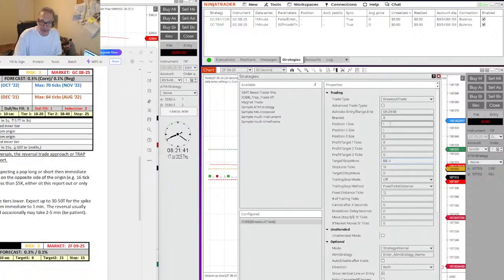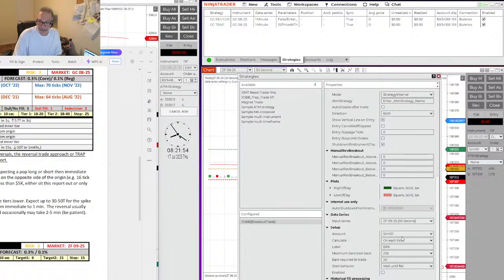Position 1 is a 1. Position 2 is a 1. Simply stated, that just means 1 contract on each position. Stop is 15. And then label it breakout bonds. You can call it ZF, however you like.